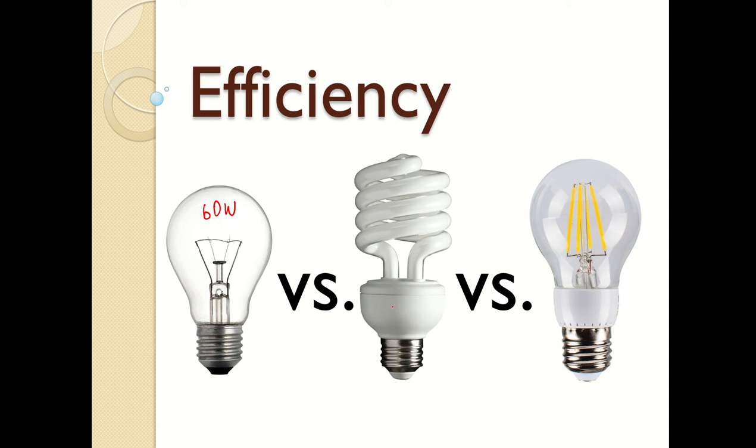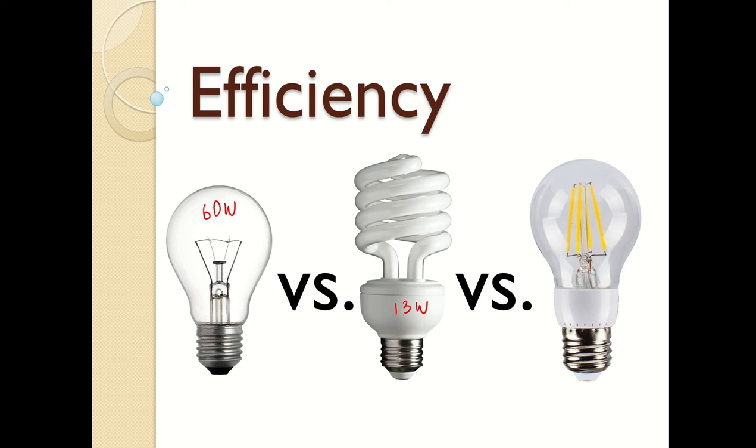And then this one might say something like 13 watt, and it might also say equivalent to 60-watt light bulb, which means that it will produce the same amount of light energy compared to the 60-watt incandescent light bulb, but the transfer from electrical energy to light energy is a lot more efficient. So you waste less energy to heat. It only takes 13 joules of energy to produce the same amount of light as it would with 60 joules of energy per second in the incandescent light bulb.